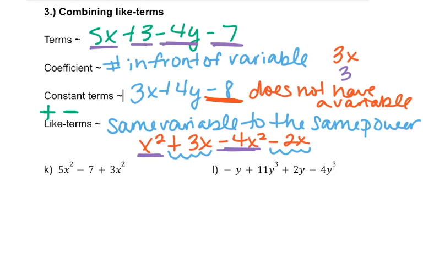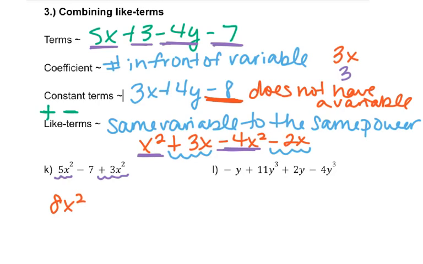Those are like terms. All right, so next one, 5x squared minus 7 plus 3x squared. Do I have any like terms that I can combine? I do. Looks like only one set. So I have 5x squared plus 3x squared, and we can combine that. 5x squared plus 3x squared is 8x squared.